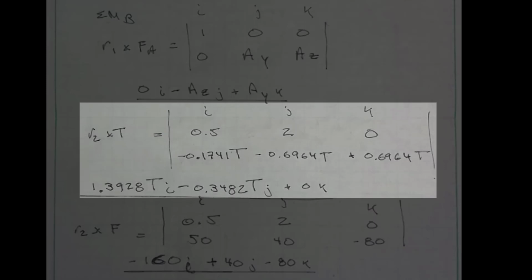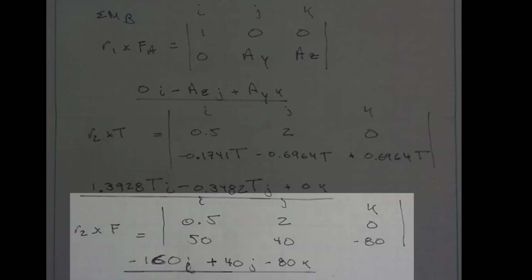Then we're going to do R2 cross T, and that results in 1.3928 T i minus 0.382 T j plus 0k. And since the tension cable and the force have the same R2, we're going to use that, and so the force acting down will produce a moment of minus 60i plus 40j minus 80k.